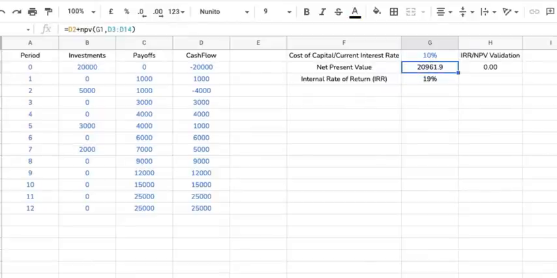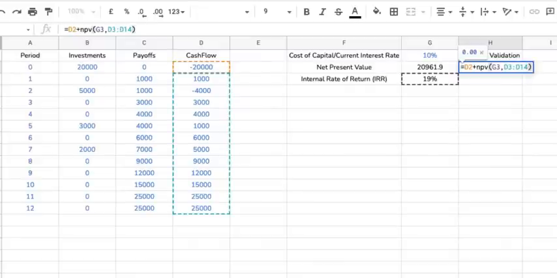The definition of IRR is such that it is that interest rate which, when entered into the NPV formula, makes the NPV 0. That is why I have made this IRR NPV validation thing over here in H2. This returns a 0 NPV when I use G3, which is our IRR, as the interest rate.